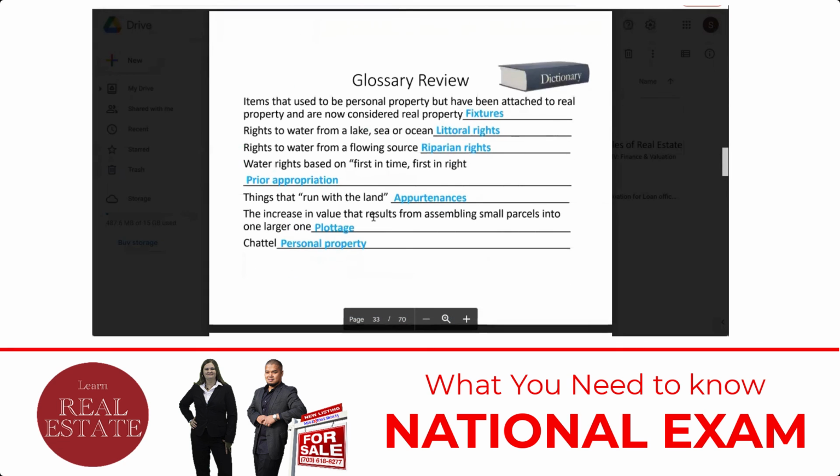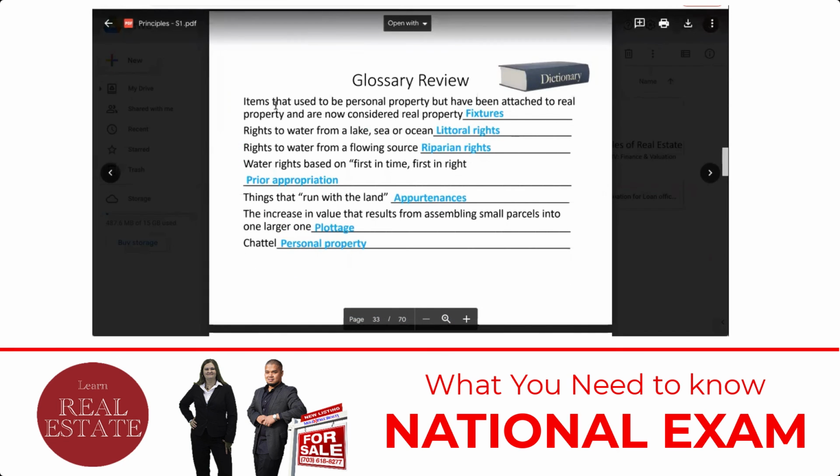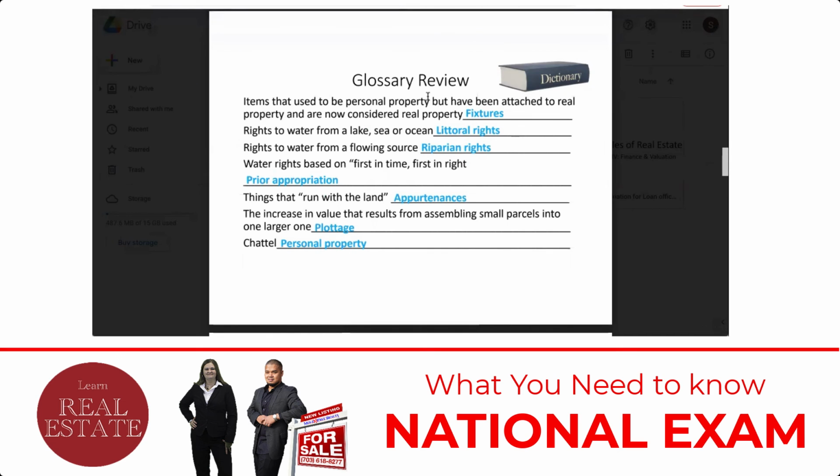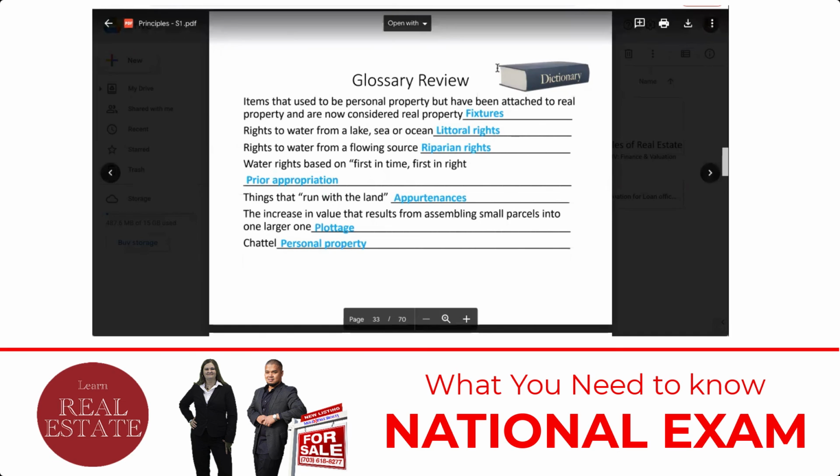All right, so let's just do some glossary review. Items that used to be personal property, but have now been attached to real property and are considered real property are fixtures. Rights to water from a lake, sea, or ocean, littoral rights.